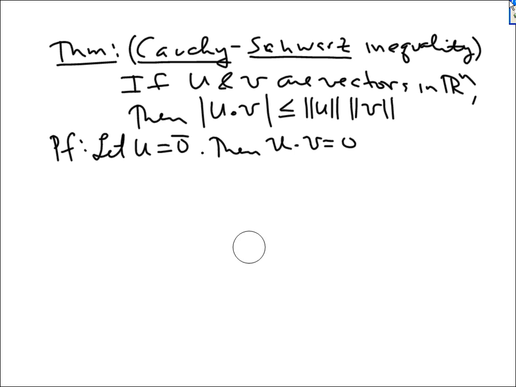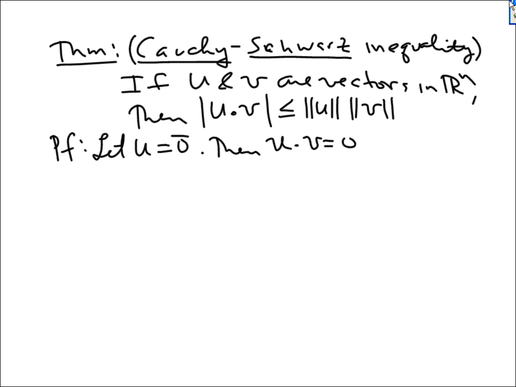In the last theorem, we actually said something stronger. We said that if U dot U is equal to 0, that implies U is the zero vector. Think about why. Don't you see a lot of numbers being squared?